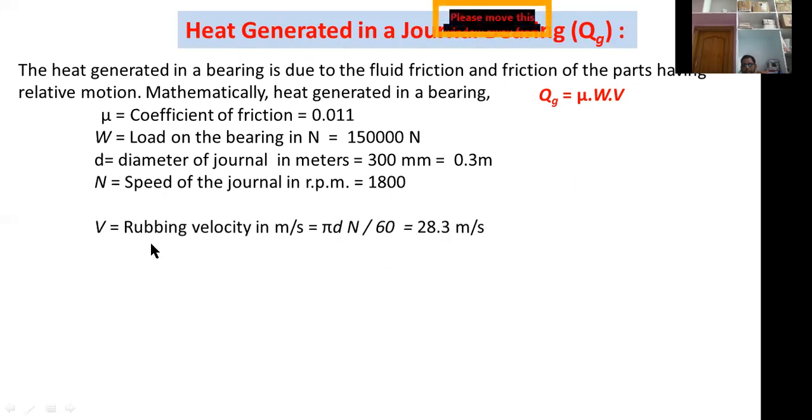So finally V, the velocity of the shaft, equal to pi D N by 60. So substitute the values of D and N. We got the answer: velocity V equal to 28.3 meter per second.